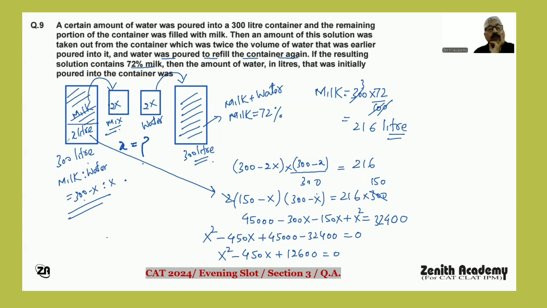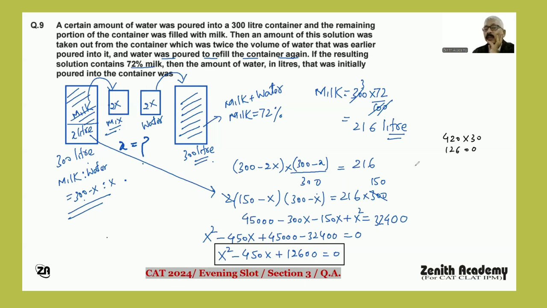This is a quadratic equation we can solve, right? So x square minus 450x plus 12600. You know 420 into 30, so it is 450, and this is 12600.